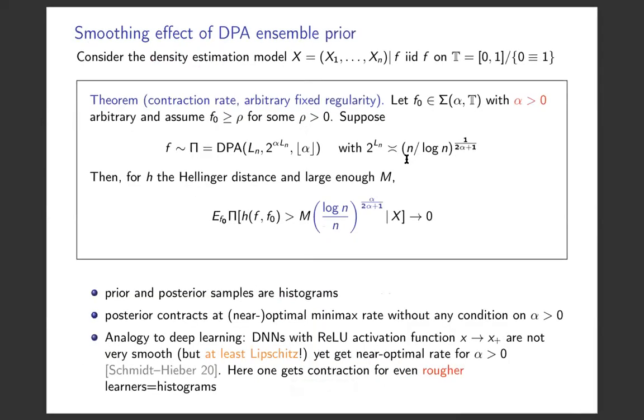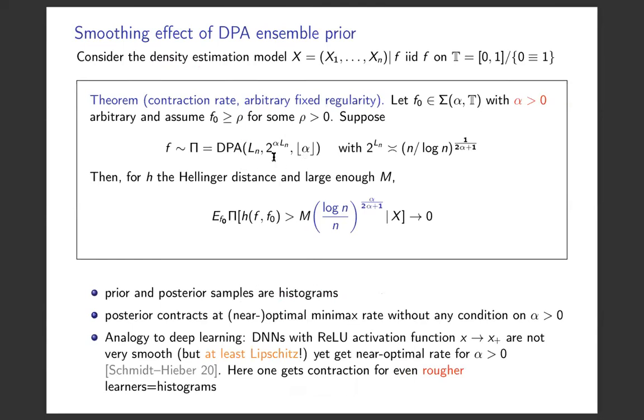So the result is then that if you take this DPA prior, recall that the first parameter is the depth up to which you go. The second one is the number of trees in the forest at one aggregation operation, and the last parameter is the number of times you do this aggregation.